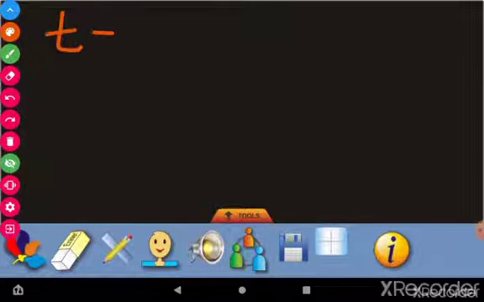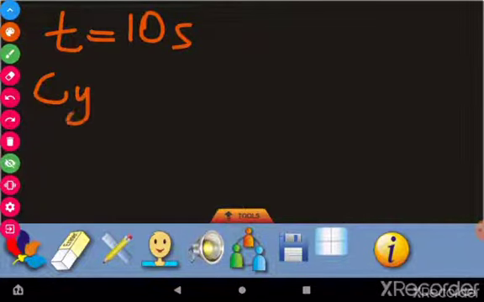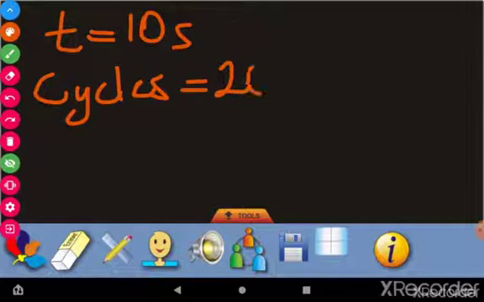The total time we're working with is 10 seconds. The amount of waves, or cycles, we can call them cycles, is 20. And they want us to find the frequency F.